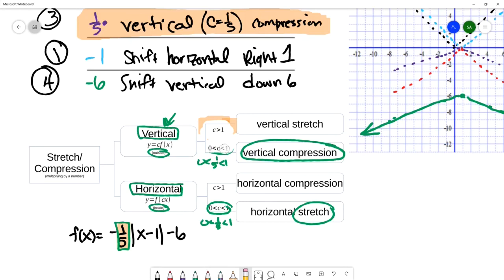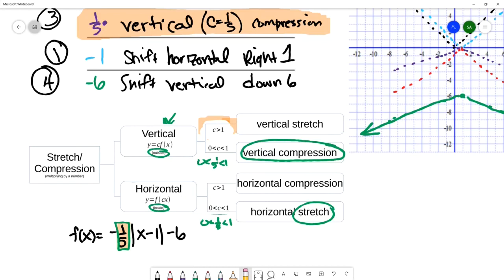However, if you're using a small number, a number in between 0 and 1, it will make your graph look smaller or compressed. So these vertical transformations will follow your intuition. However, the horizontal transformations kind of go opposite of your gut, opposite of your intuition. Here we have a number bigger than 1 causing a compression, causing it to get smaller. And here a number in between 0 and 1 causing it to stretch.